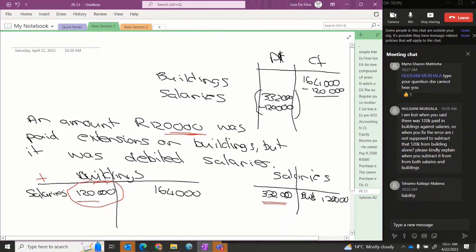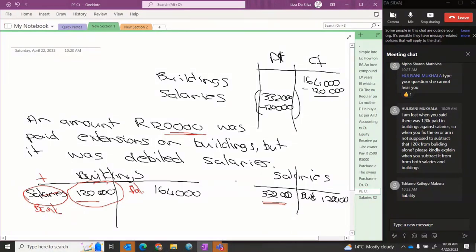So actually what is only wrong here is the salaries, because let's say it was paid for cash. The transaction should have been 120,000 on the debit side, but not salaries, but from a bank account. But the reason why there's a minus there is because you have a balance. There are still other transactions that must be done.